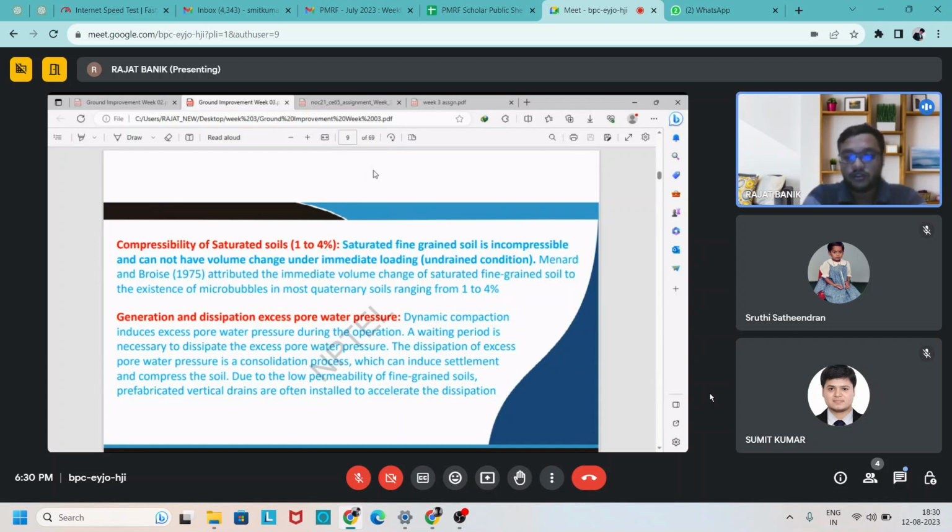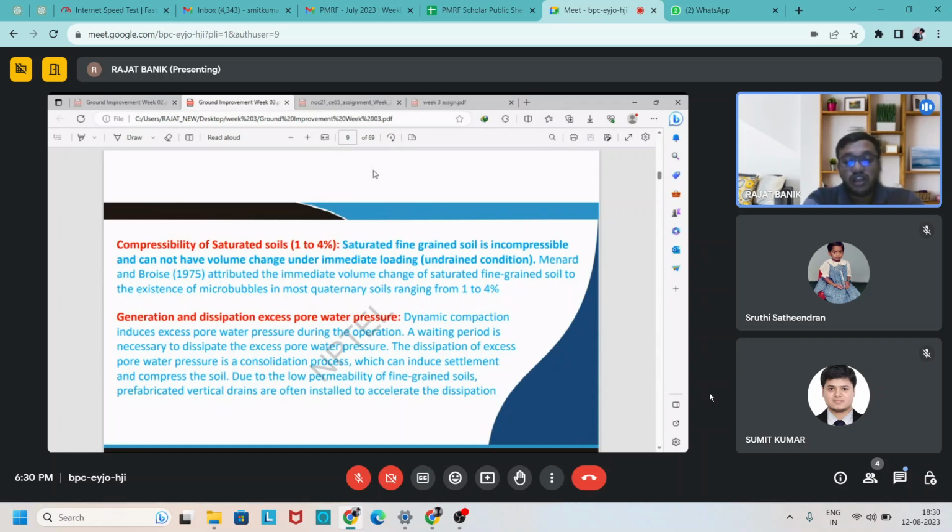So the drainage path is quite reduced and the permeability is also reduced. It takes time to dissipate the water, because the soil is less permeable in nature, so some time is required to reduce the excess pore water pressure. It is nothing but a consolidation process, and the same thing happens in this technique also.